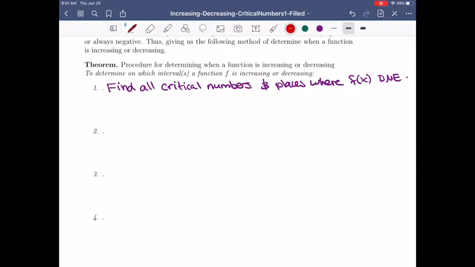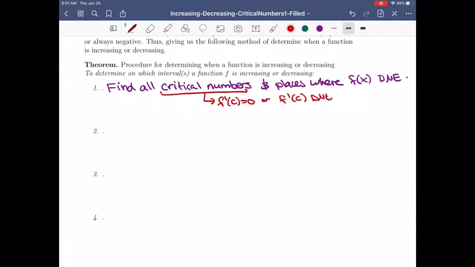Remember the critical numbers are when the derivative equals 0 or the derivative is undefined. Now these other ones are the x values where the function does not exist. They could be vertical asymptotes, for instance. And we know that when you have a vertical asymptote, the graph could look very different on each side. So that means the derivative could change there as well.